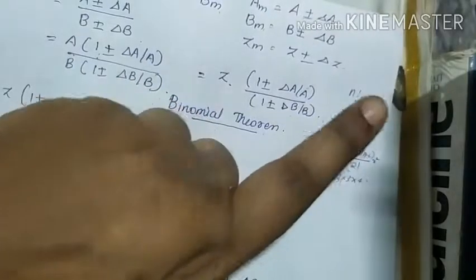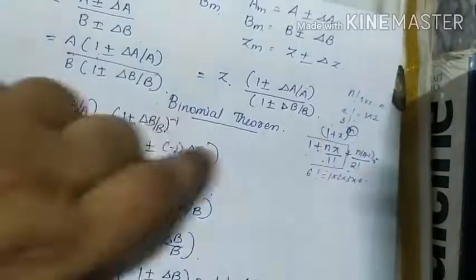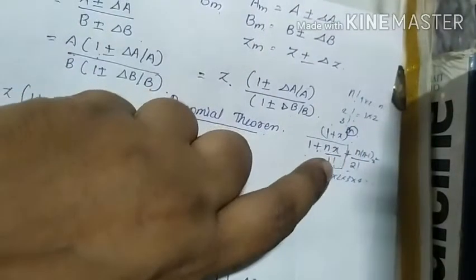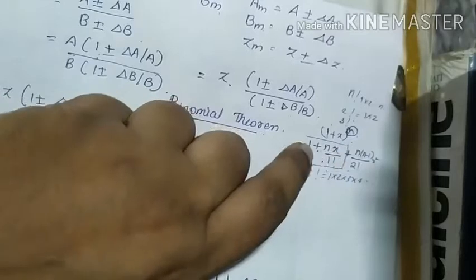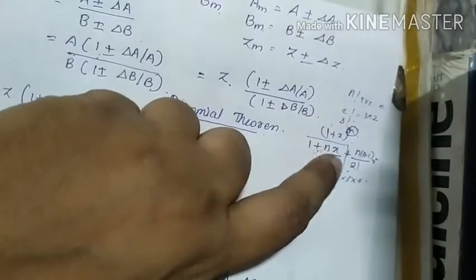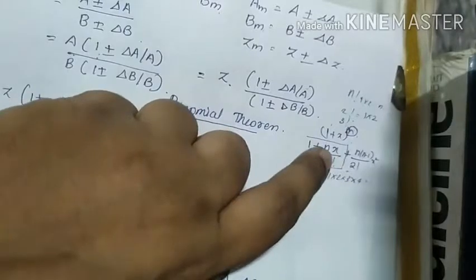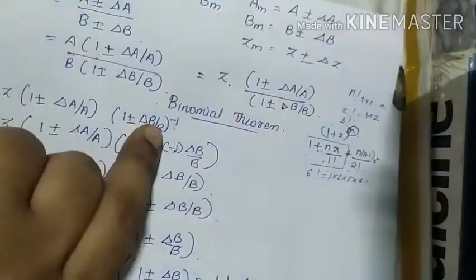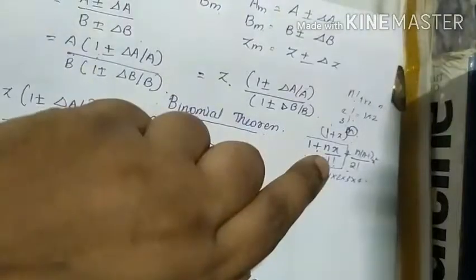Now here, since n is minus 1, I will stop with the first term, that is 1 plus nx by 1 factorial. The first term is 1, and after that the next term is nx by 1 factorial. In place of n, it is minus 1, and in place of x, it is delta b by b. Now what is a factorial?